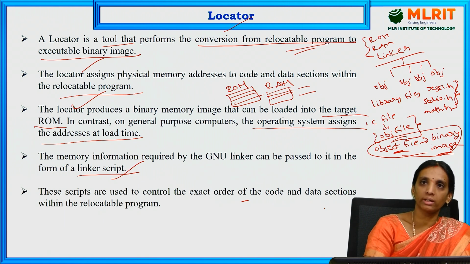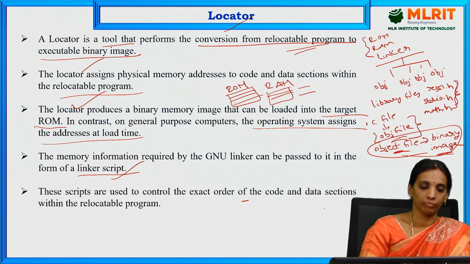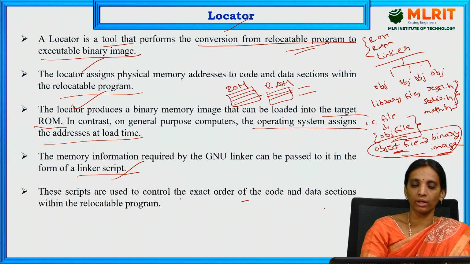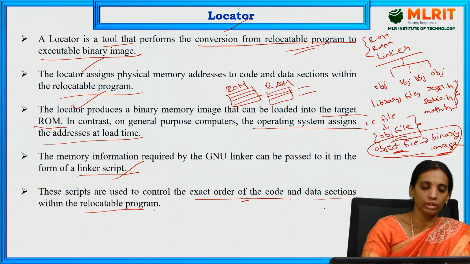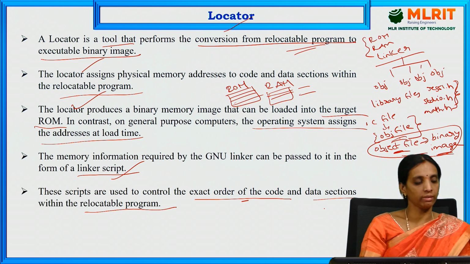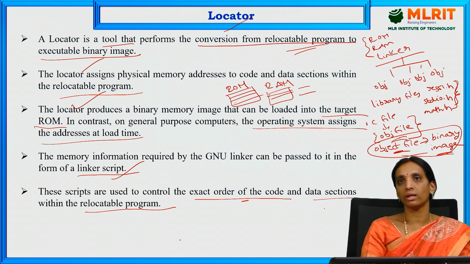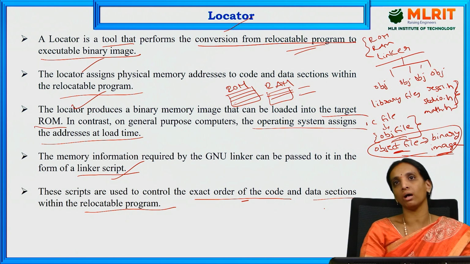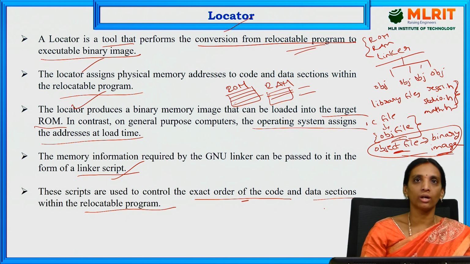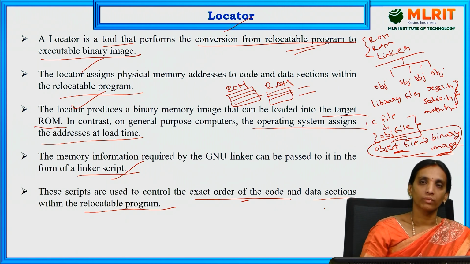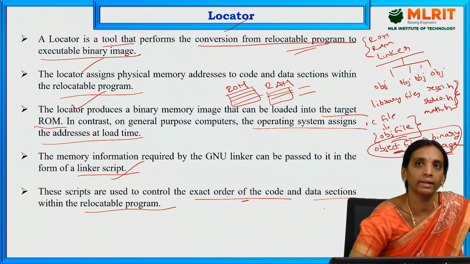The locator will take the script file which consists of all the details about the memory allocation for the given object file. These scripts are used for controlling the exact order of the code and data sections within the relocatable program. So in the relocatable program, these scripts are used for assigning the memory to the data and code parts and controlling all the program parts of the code and data.